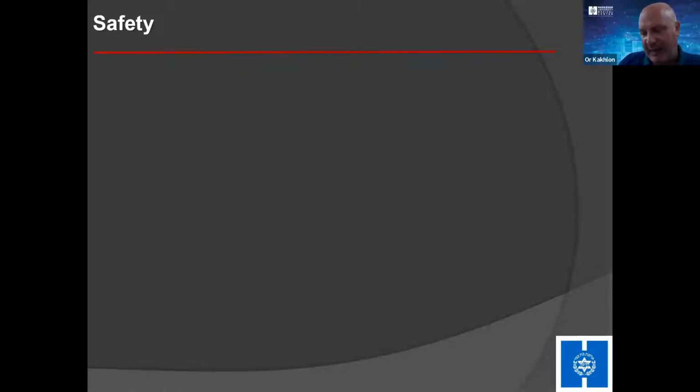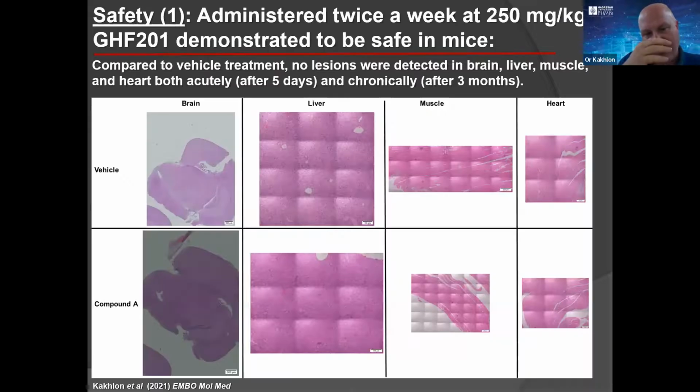So once we established that, we wanted to test if in real life it is also safe. And I'm just showing you some of the main safety assays. Both in the long term and in the short term, I'm showing you just the short term, after 5 days.